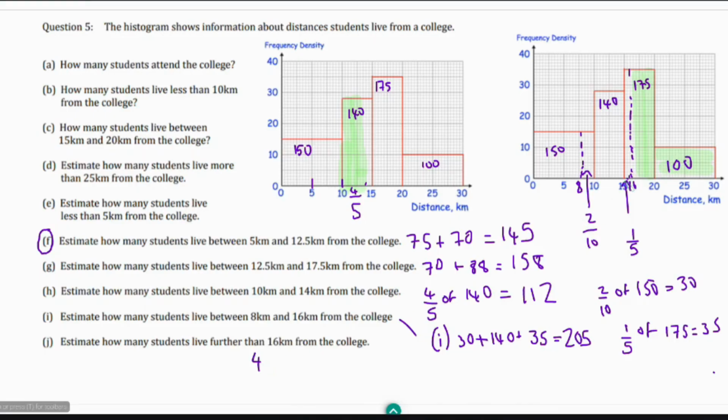It's 4 out of the whole bar, which is between 15 and 20, which is 5. So 4/5 of 175 is 140. So 140 plus 100, 240.